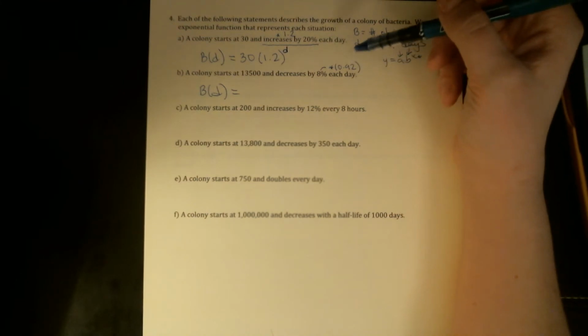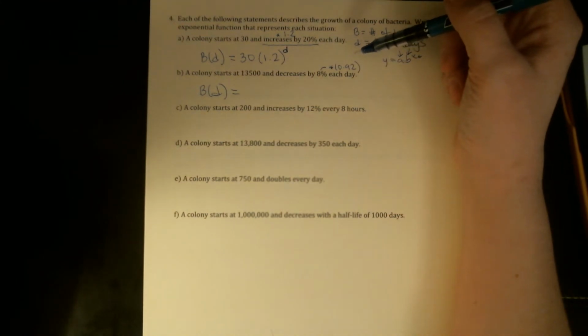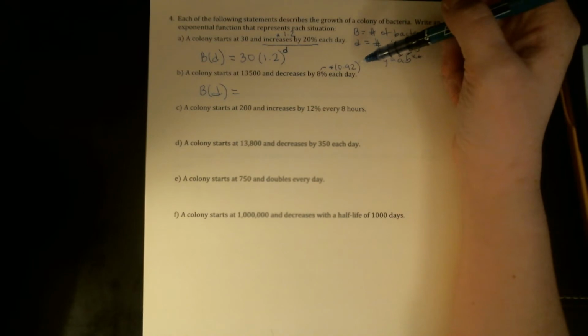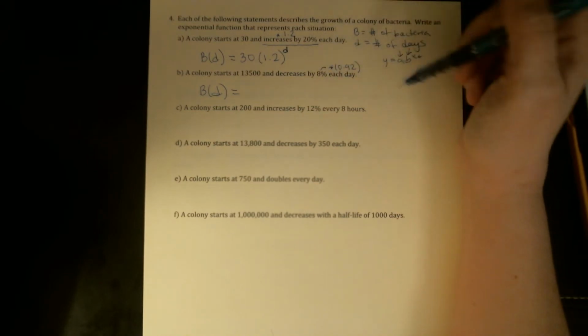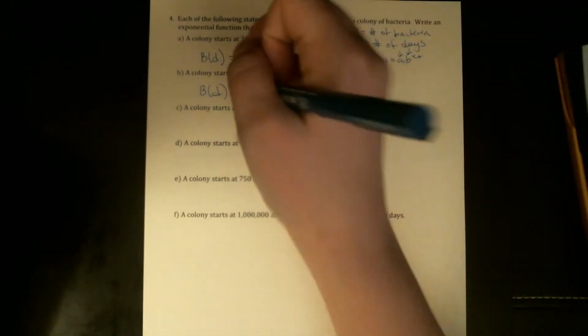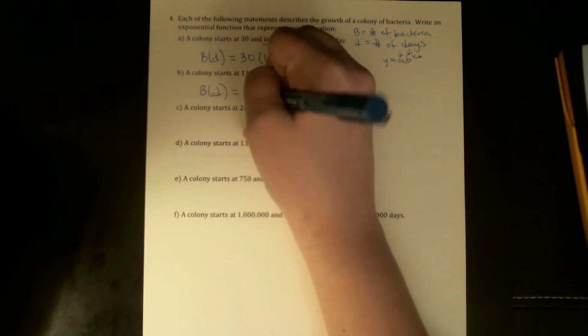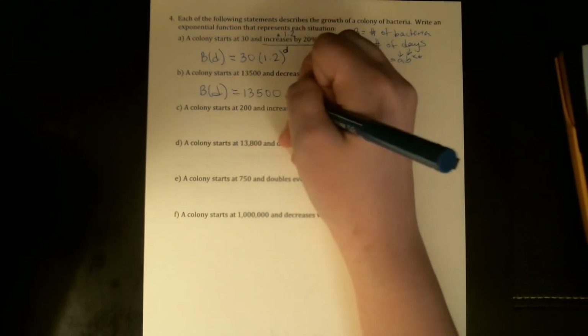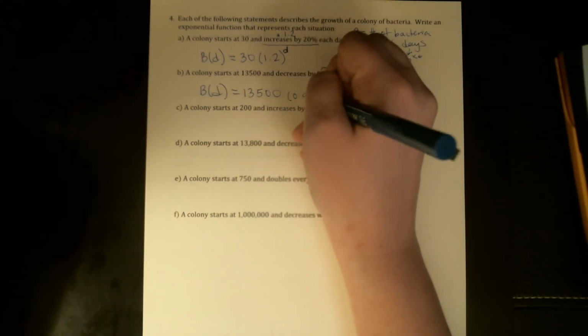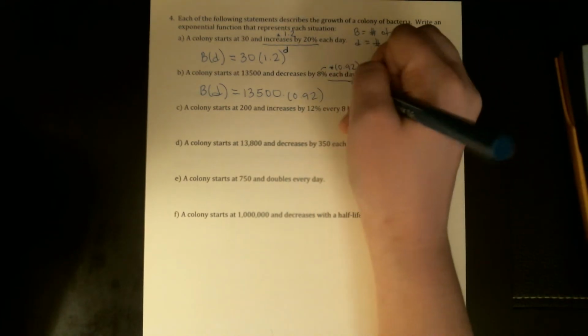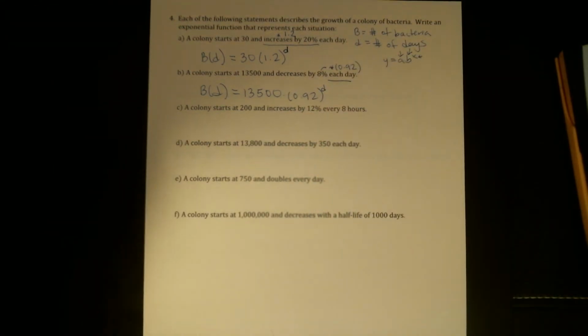So multiplying by 0.92 will give us the 100% that we started with minus the 8% that we're decreasing. So we need to start with 13,500, and we need to multiply that by 0.92 to the D. It happens once per day, so a plain old D once again in the exponent here.